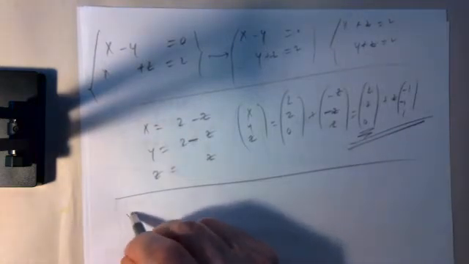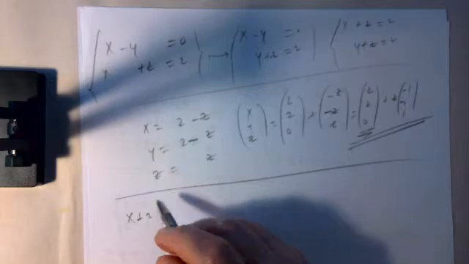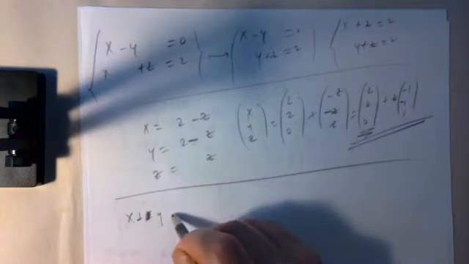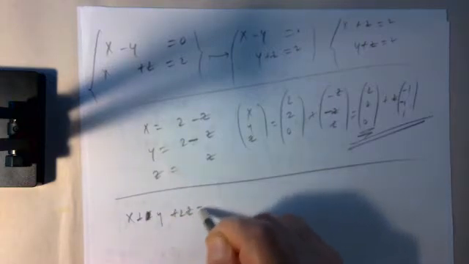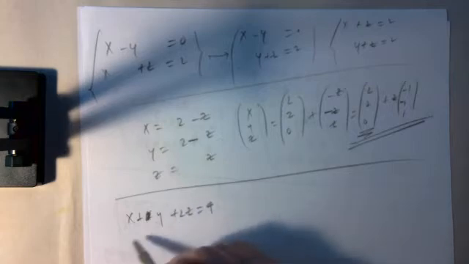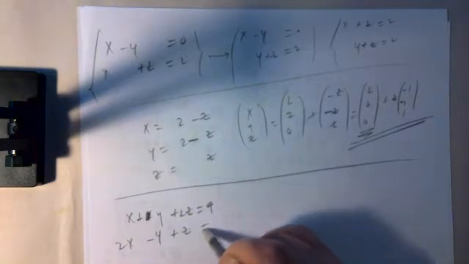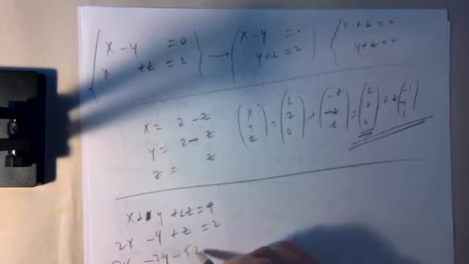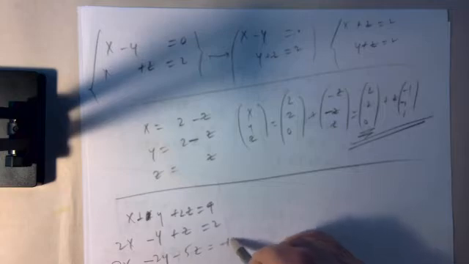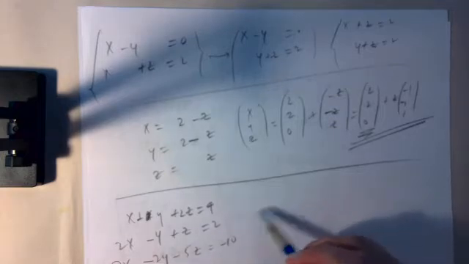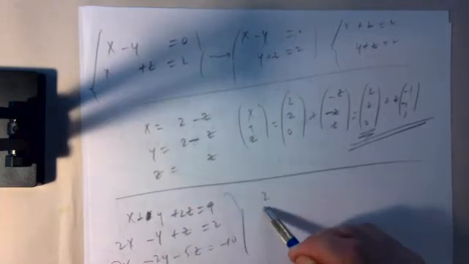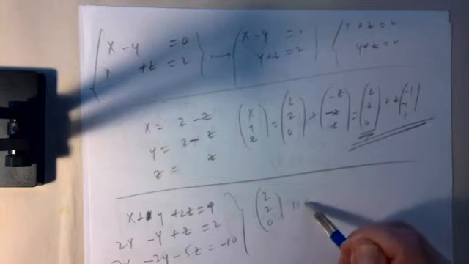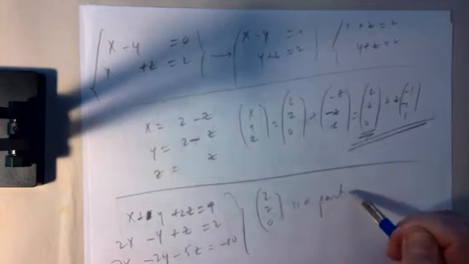The second system was x plus 2y, x plus y plus 2z equals 4, 2x minus y plus z equals 2, and 7x minus 2y minus 5z equals minus 10. So for this system, 2, 2, 0 is a particular solution.